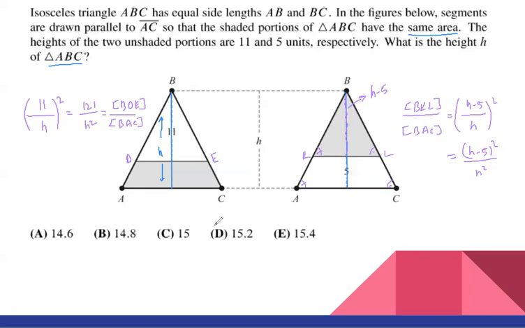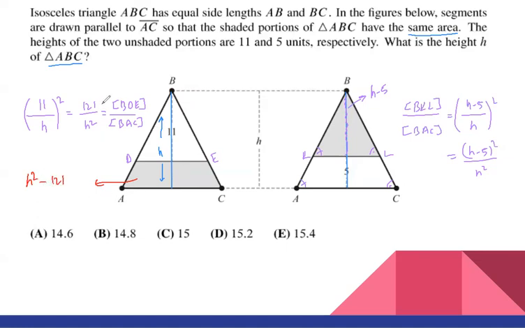So how do we use this information? We are told this region has the same area as this region. The whole region is a multiple of h squared. Let's say the whole region has area h squared, and we know BDE is 121. So this shaded region looks like h squared minus 121.